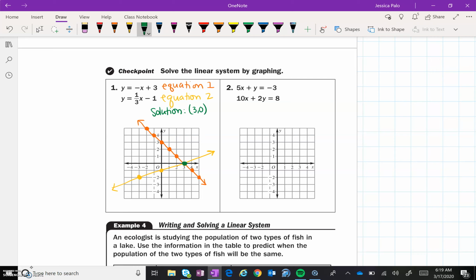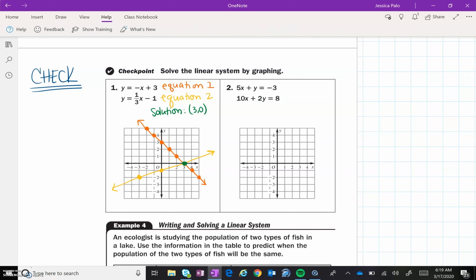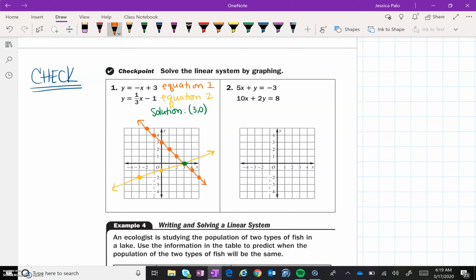So now you must check to make sure that this is actually the solution. So you're going to go back to equation 1, and you are going to plug in the x and the y into your equation.